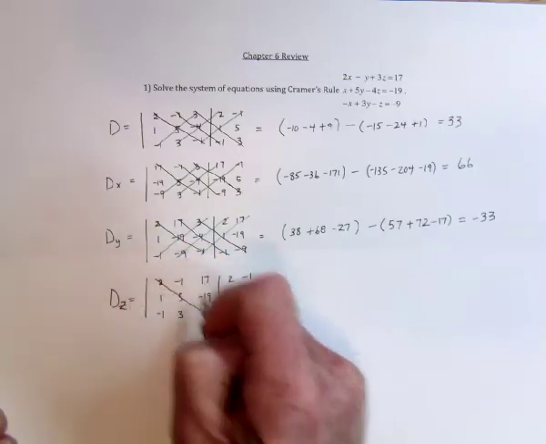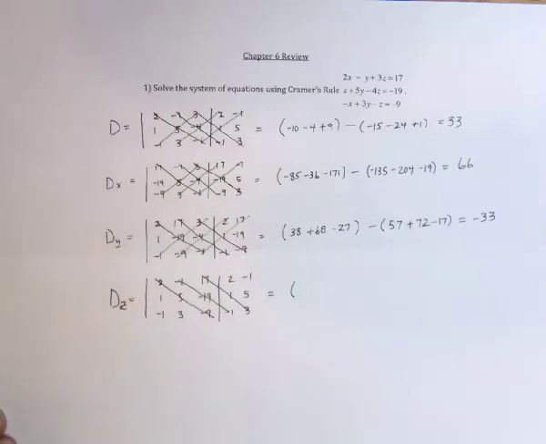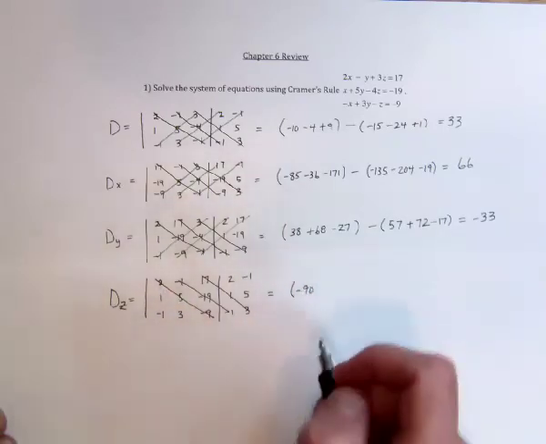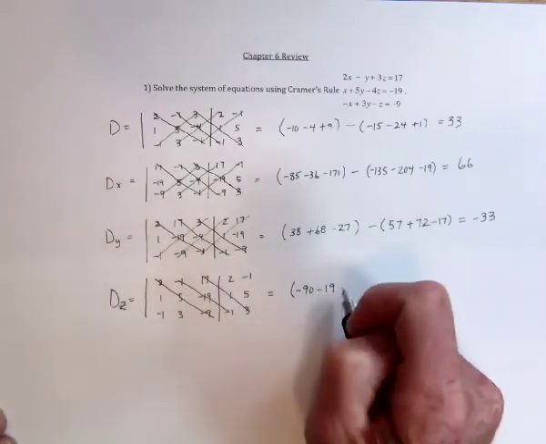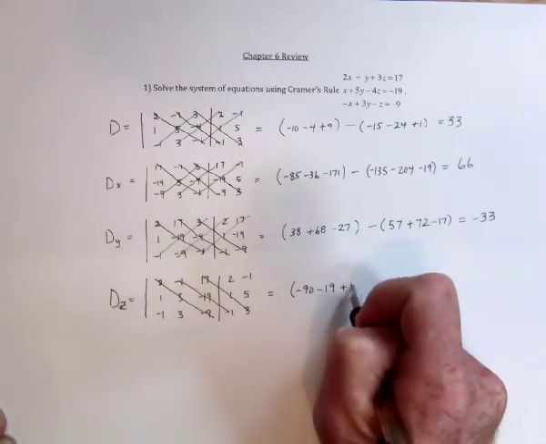Okay, main diagonals. That's going to be a 10 times 9, so negative 90. And then 3 negatives makes negative 19. And then 17 times 3 is 51, positive.